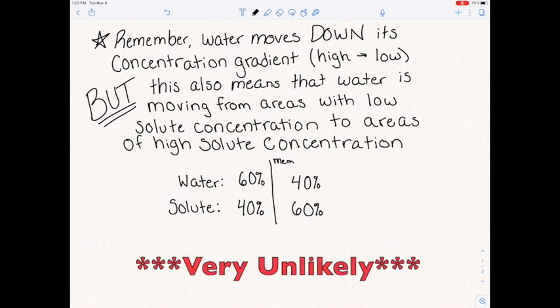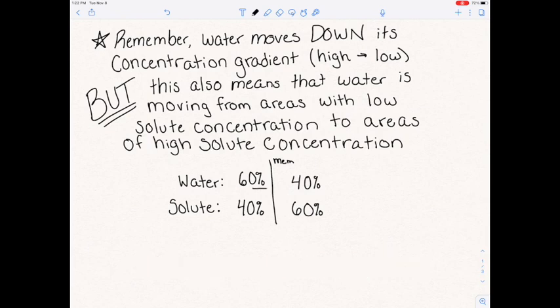Now this is a very exaggerated case, but here you see that water is going to move down its concentration gradient. So I'm going to highlight that in blue to show the movement of water. And we're pretending that the solutes do not travel across the membrane, and they're stuck where they are.